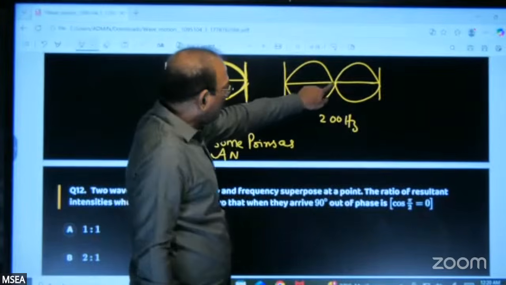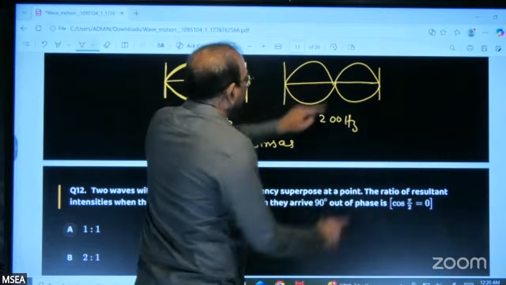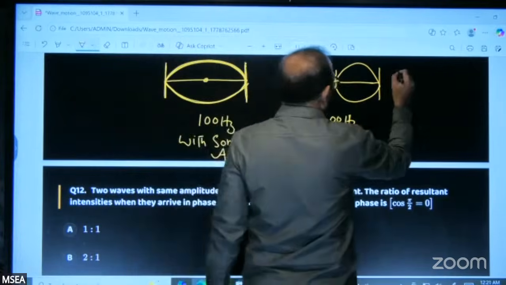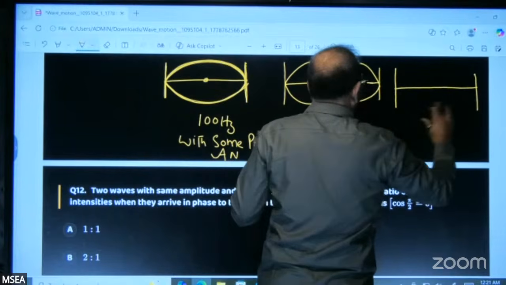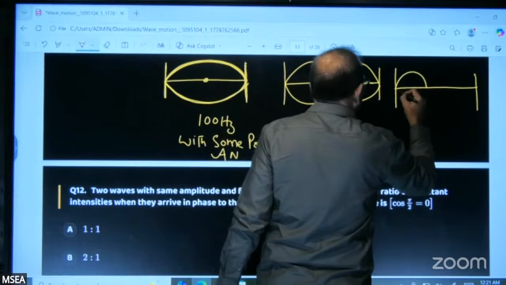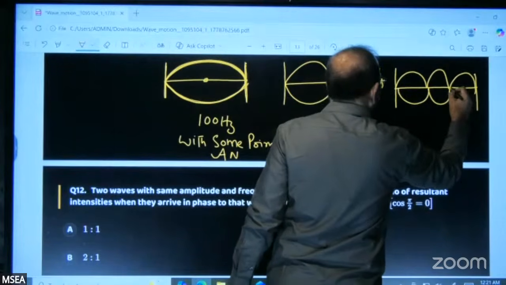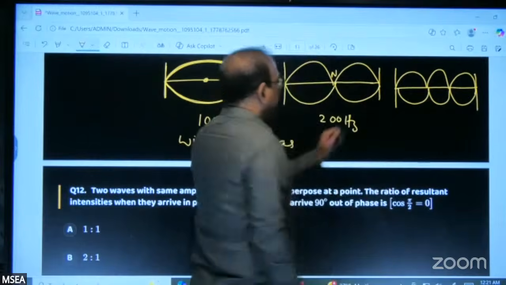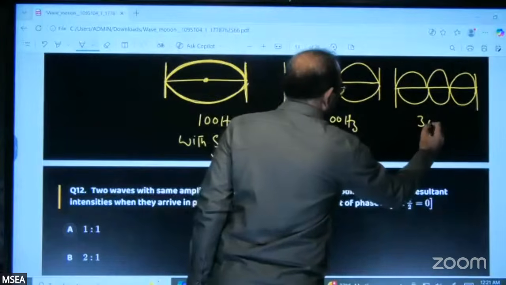In this case, this middle point is not an antinode, it is a node. Next, the third harmonic: the same wire under same tension and same length, everything same, vibrates in the form of 3 loops of a stationary wave. Third harmonic frequency is 3 times this, that is 300 hertz.